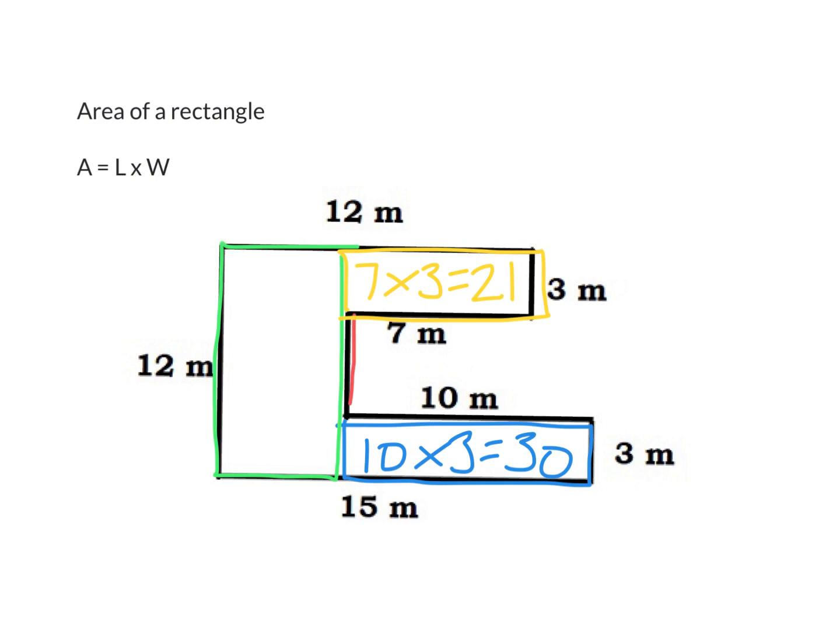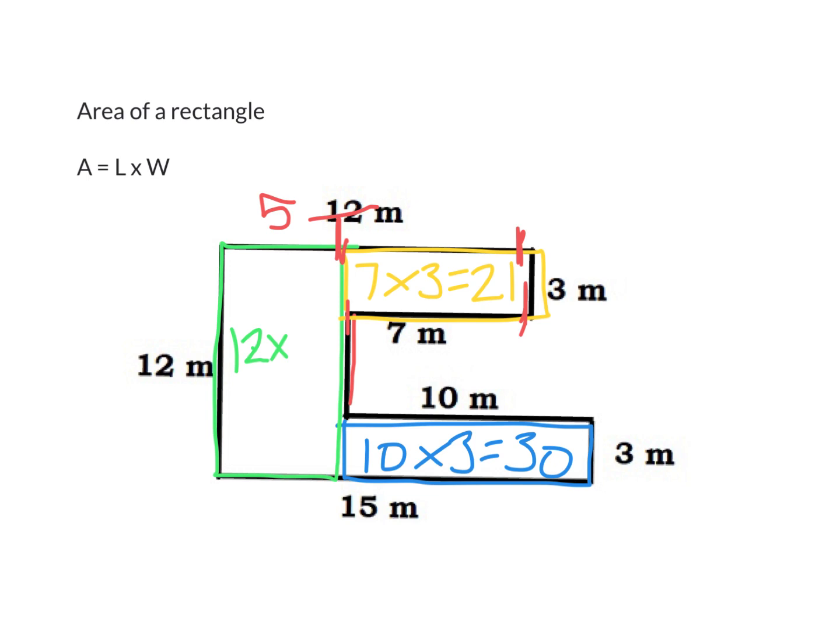So I'll take my 12. So looking here, I can see that 7 is for this portion, which would mean out of the 12 that this would have to be 5.